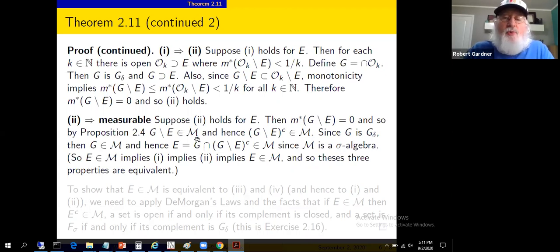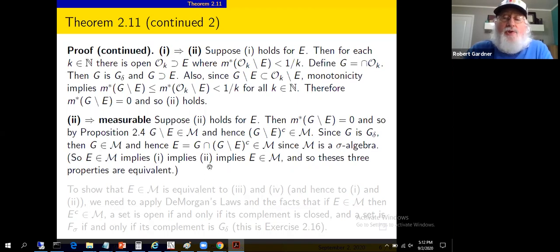We just observed that G set minus E complement is measurable, so that's a measurable set. Intersection of two measurable sets is measurable. So set E is measurable, and that's what we were trying to show. Set E is in the sigma algebra of Lebesgue measurable sets.